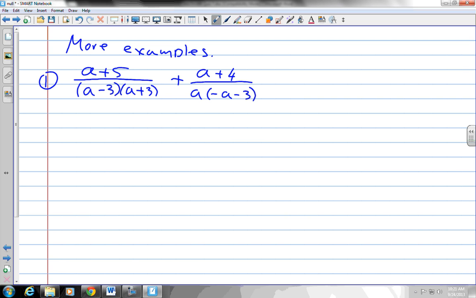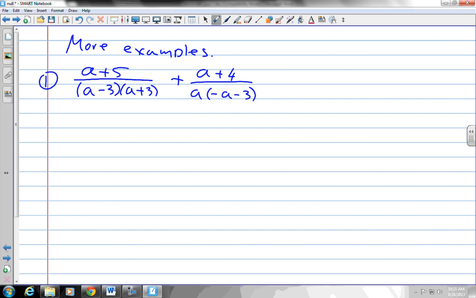So here it seems that all four are different factors, well, different, but there are two factors that we can tweak a little bit to make them look the same. So you see those two factors? Which two expressions can I tweak so they look the same? Well, yeah, but remember, I want everything to be factored.